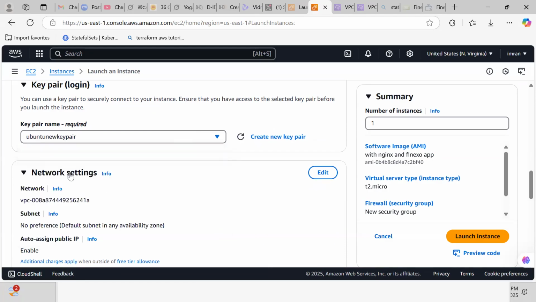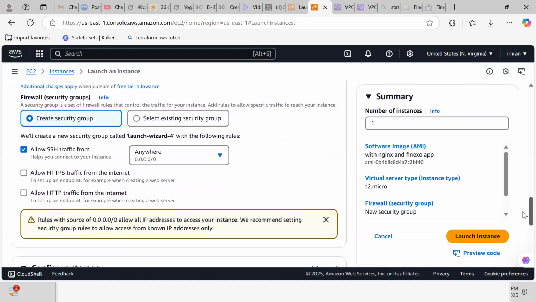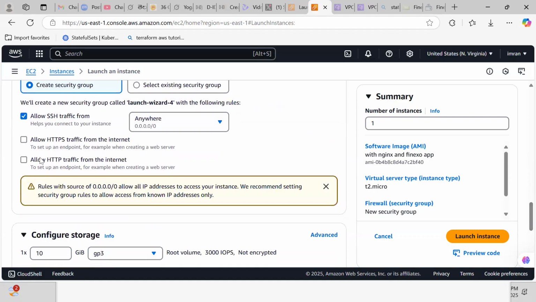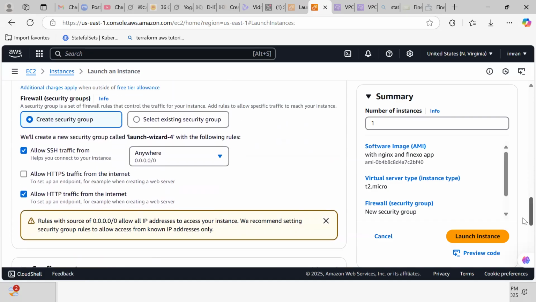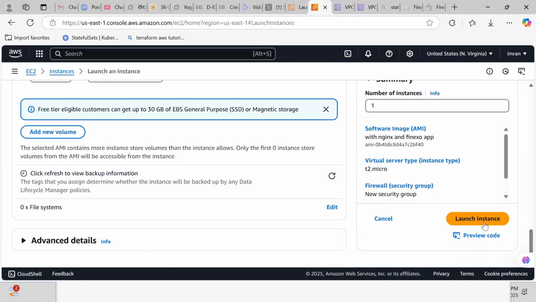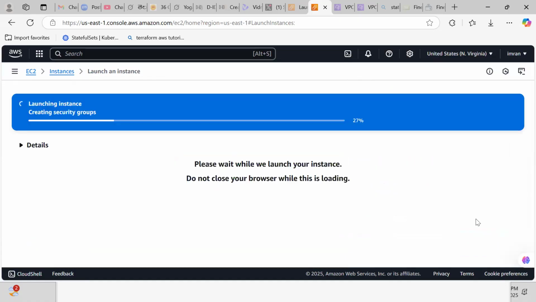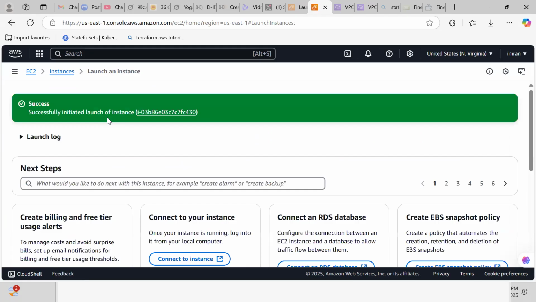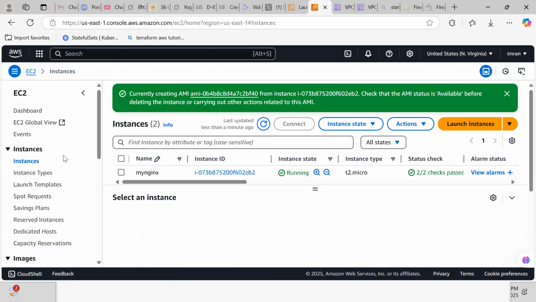I think I have given a new Ubuntu key pair, and I'm using the same network also, and I have opened port 80 also. Ten GB, that AMI itself gives us 10 GB. Okay, so these two instances I'm going to manually keep in the target group. Let my second instance also get created.